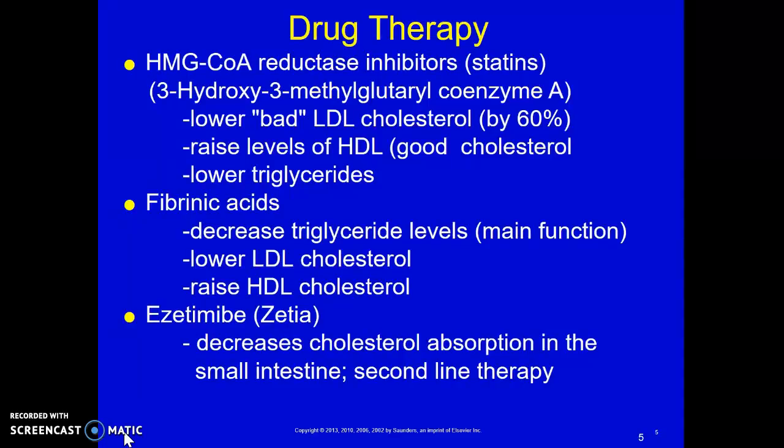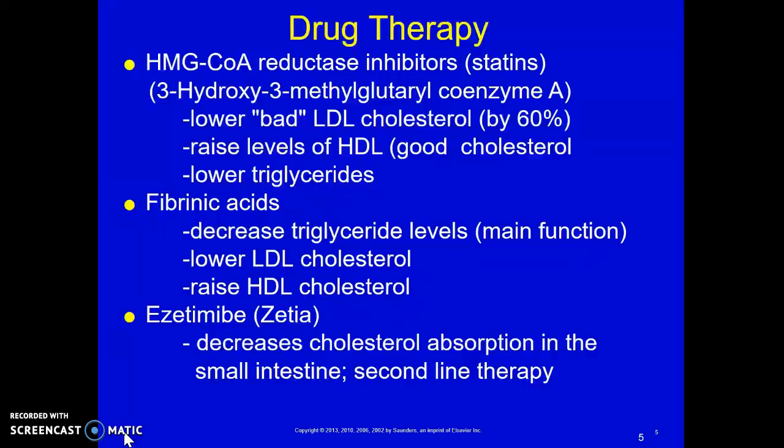Drug therapy for trying to work on atherosclerosis. These are just some examples of 3 different types of drug groups that can be used and some of their action. The 3-hydroxy 3-methylglutaryl coenzyme A inhibitors are called statins. You've heard me say that term before, but a lot of those drugs you probably see in the hospital too.